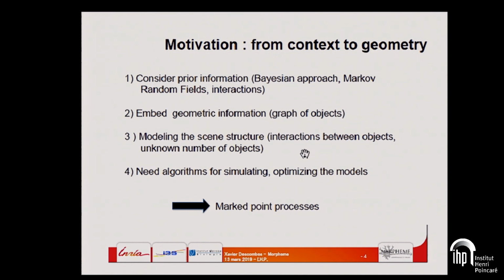So we would like to be able to define some geometric information, but also to define some interaction between the objects. For instance, if you have a population of trees which is made by a human, you know that there is a kind of periodicity. If you consider the road network, you can model this by segments, but you know that these segments should be connected and so on. So we would like to embed this kind of interaction.